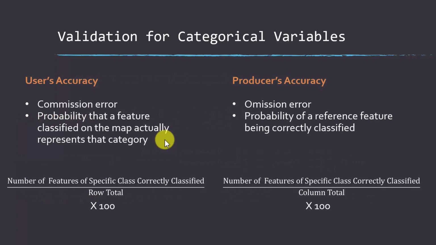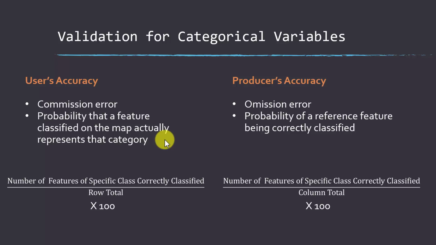Okay, so users accuracy is a measure of commission error. It can be thought of as the probability that a feature classified on the map actually represents that category. So it's the number of features of a specific class correctly classified divided by that row total, so summing down across the row. In contrast, producer's accuracy is a measure of omission error, and it's the probability of a reference feature being correctly classified.